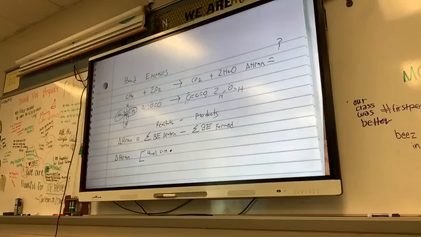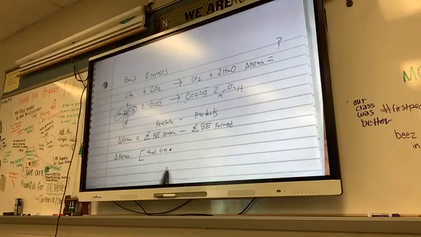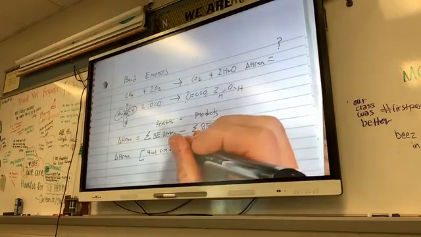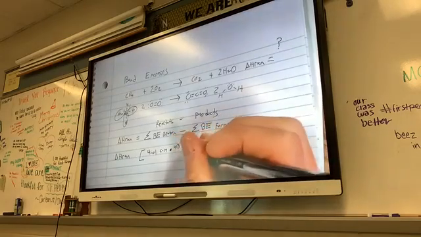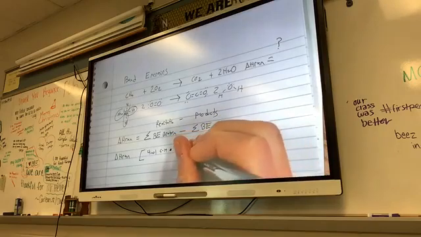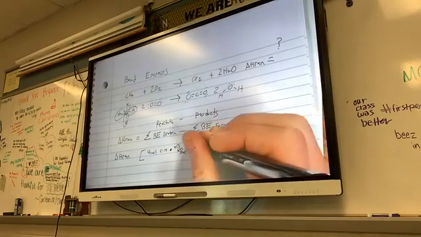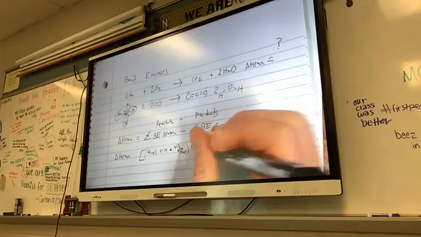Does that make sense? Head nod if that makes sense. And what is the bond energy for carbon to hydrogen? On page in your book. 413. So 4 moles times 413. This is still kilojoules per mole. Plus, right? This is a sum.